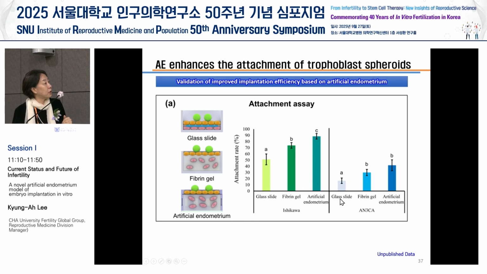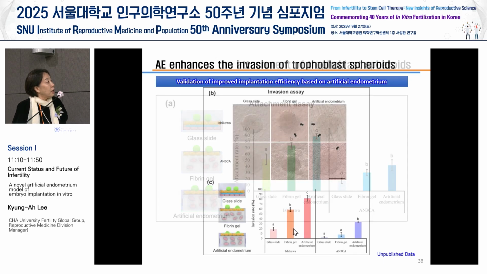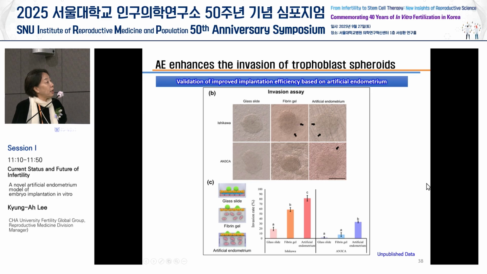The artificial endometrium showed a very good success rate in attachment. Even with non-receptive AN3CA cells there was some attachment, but it was lower than with Ishikawa cells. The invasion assay had the same result.